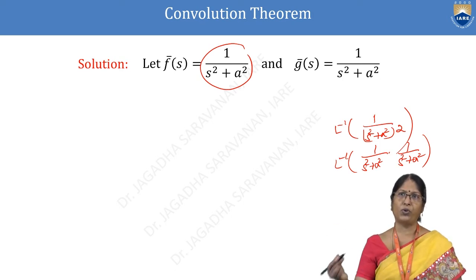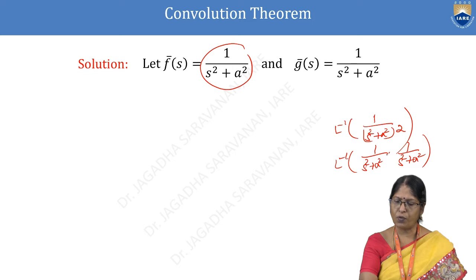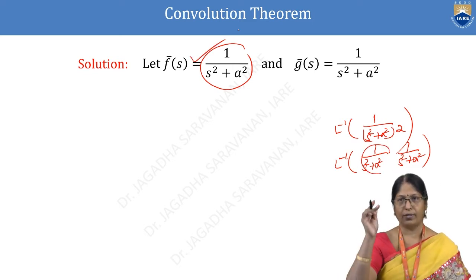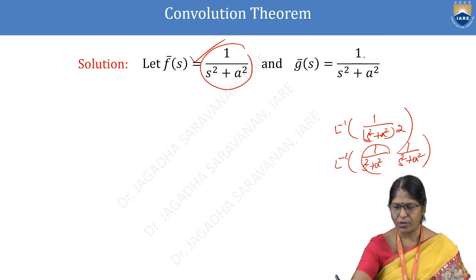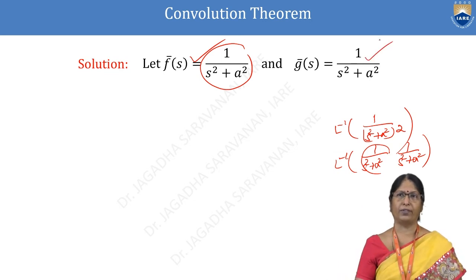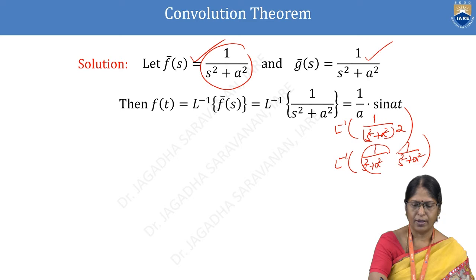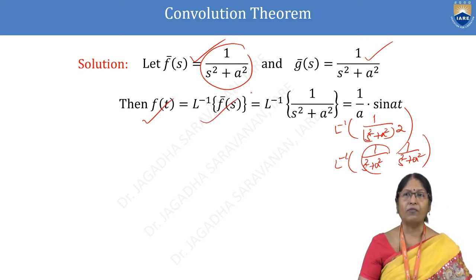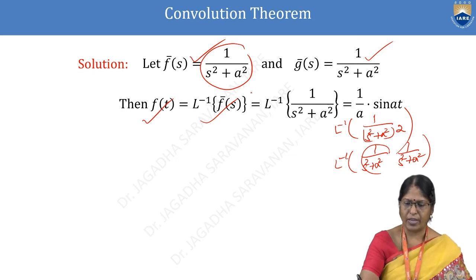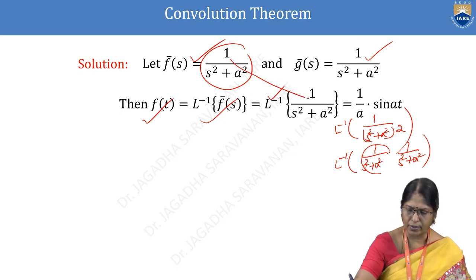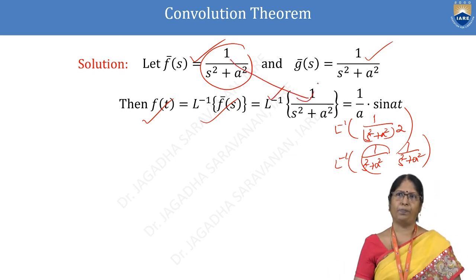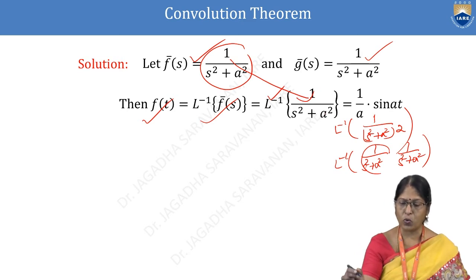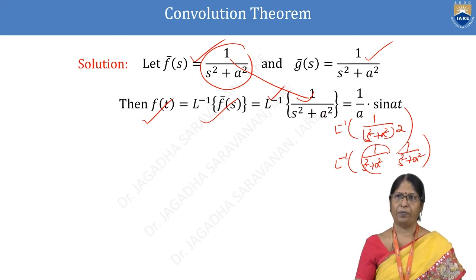So the part of our problem we are taking as f bar of s, and another part we are taking as g bar of s. Next, f of t is nothing but L inverse of f bar of s, so L inverse of this part of the problem, 1 by s square plus a square.